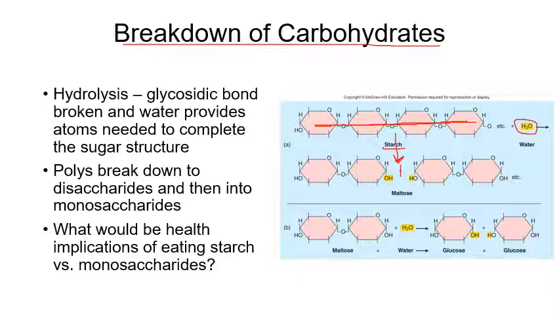So this kind of reaction is called hydrolysis. Hydro, because we're adding water, and we're lysing this large chain. So now we're taking the polysaccharide and breaking it down into 2 disaccharides. And ultimately, when we're doing digestion, we're going to take the disaccharide and, by hydrolysis, break it down to each monosaccharide.